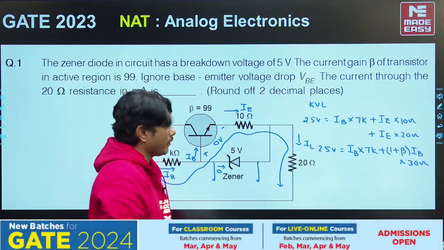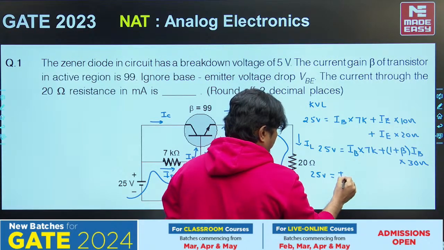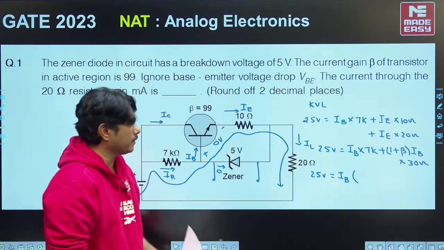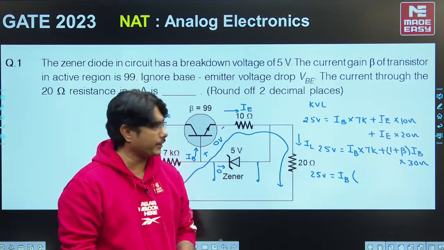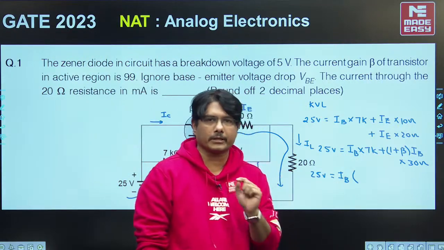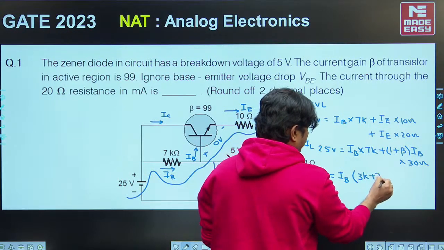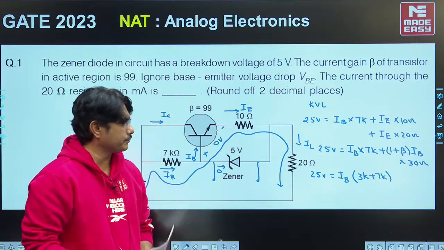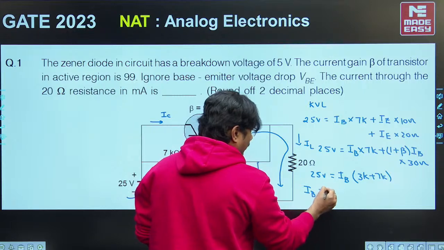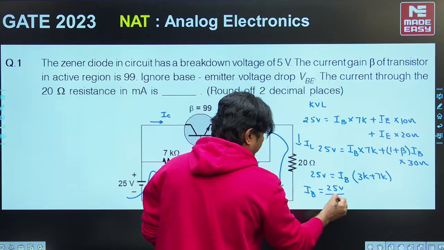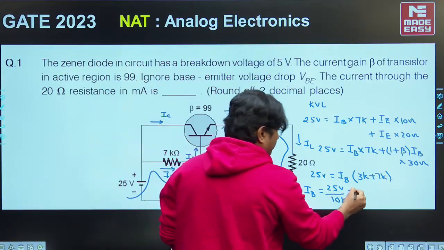Now we substitute the values. 25 volts is equal to IB, this is 7K, beta is 99, 99 plus 1 is 100, 100 into 30 becomes 3000 ohms, which is 3K. So 3K plus 7K. This way we can find the base current IB. IB is equal to 25 volts divided by 10K, which comes to 2.5 milliamperes.